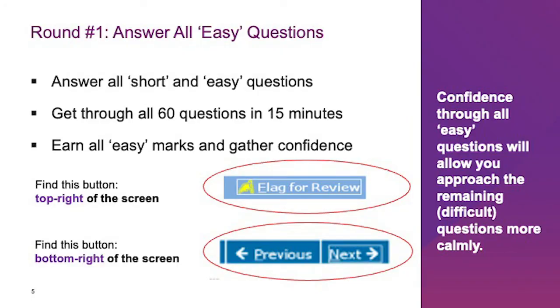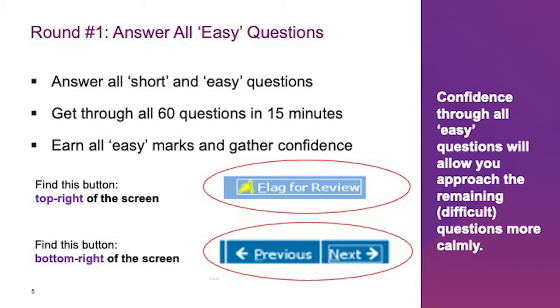During the first round, take about 10 to 15 minutes to click the Next button through all 60 items, importantly identifying and answering the short questions that can be answered quickly and confidently.